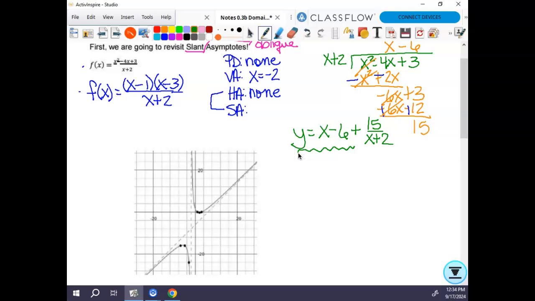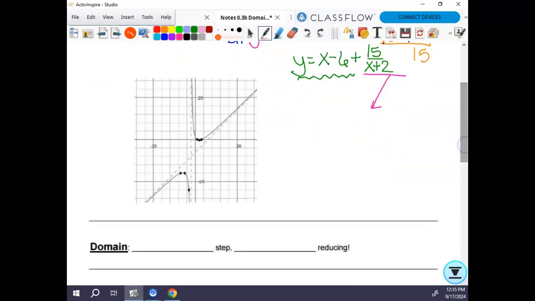And we just ignore the other part. So my slant asymptote is y equals, because it's a line, x minus 6. So let's talk about what we do with this part right here. This is my remainder. My remainder is 15 over x plus 2.